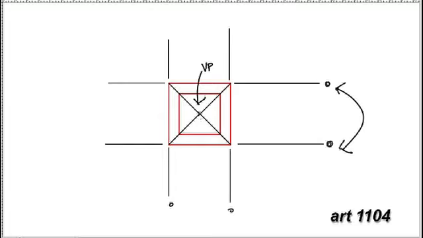VP. And if those edges that were showing as converging lines are in fact horizontal edges, then that vanishing point will in fact reside on an imaginary horizontal line infinitely far away that we call the horizon line.